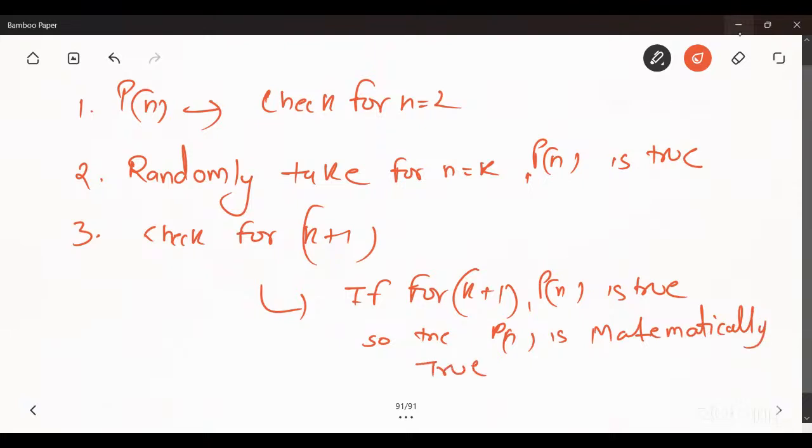Okay. Now remember some terms here. The sum of n terms, the sum of n square terms, the sum of n cube terms. First is the sum of n terms.